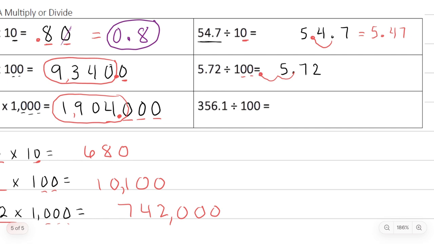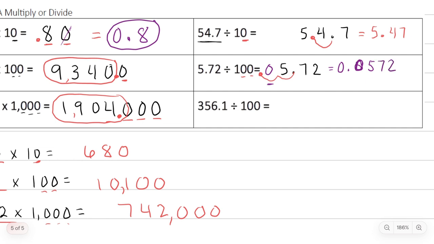Now, in this case, we cannot leave this blank space there alone. That means we need to put a 0 to take its place, which means that our answer is 0.572. There's our answer.